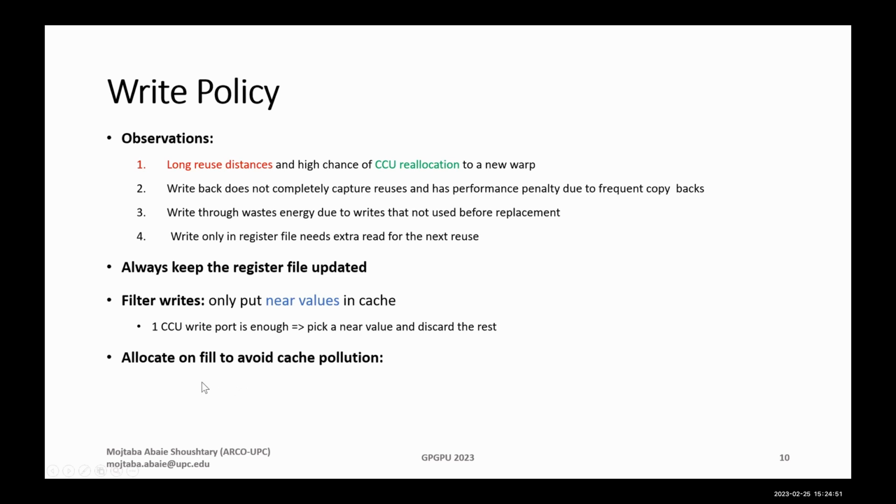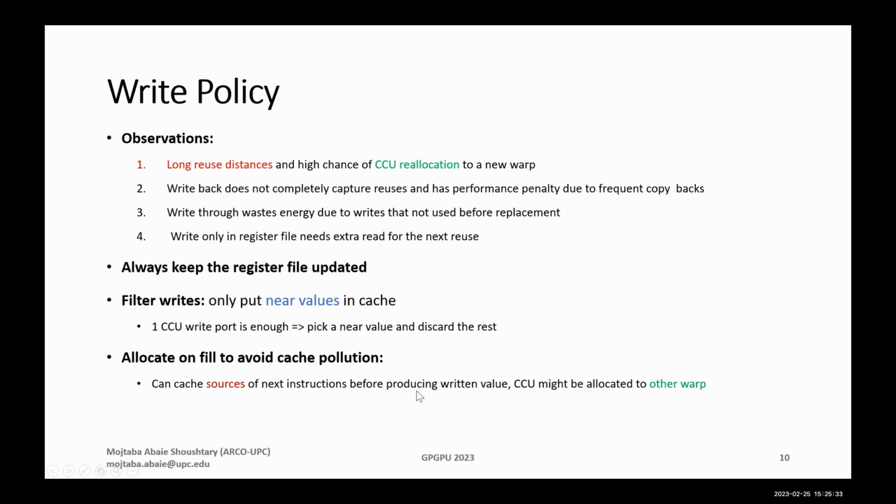The other approach we take is to allocate and fill, and the idea is to avoid the pollution because we have a small number of entries in the cache, and there's a chance that we never be able to write to the cache due to the fact that maybe the scheduler and the CCU allocator replaces the collector unit, and the writes, when they happen, will never arrive to the collector unit.